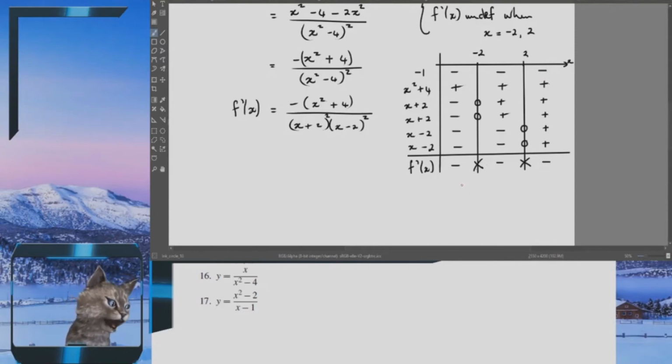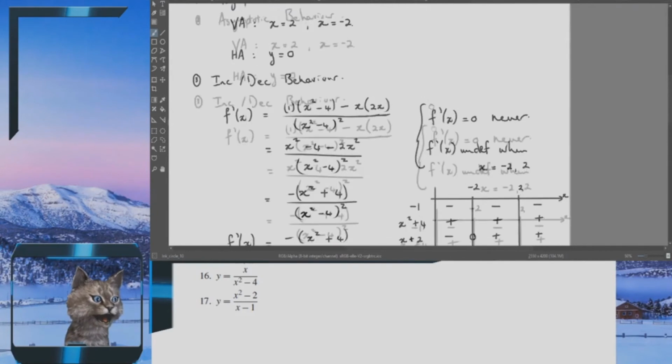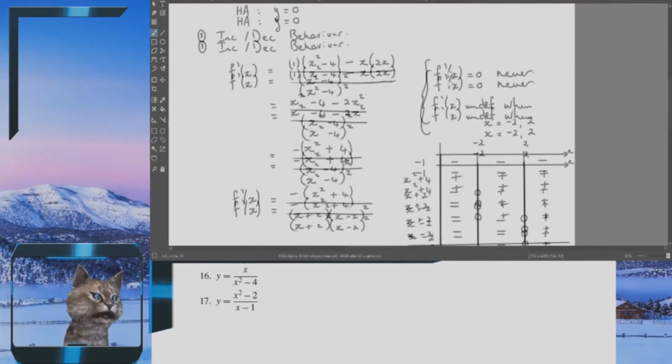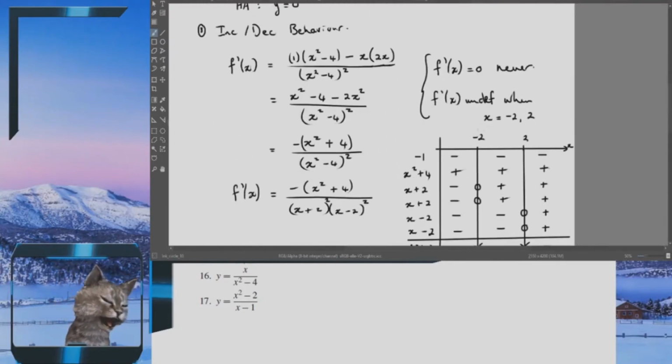So if I look at my slope lines, it is going to be a downslope, and then bad things happen, and another downslope. Downslope, bad things happen, downslope, in the sense that there are no points. When I look at my original function, I can't plug in x equal to 2 or negative 2. So there are no y values.